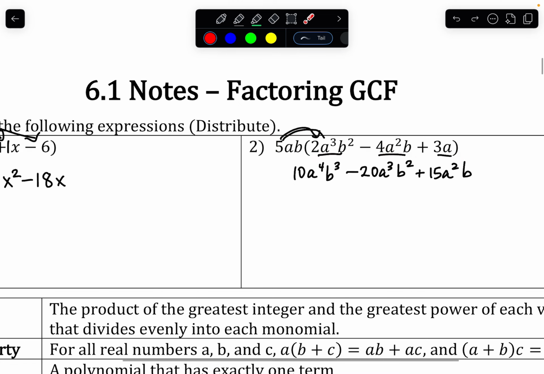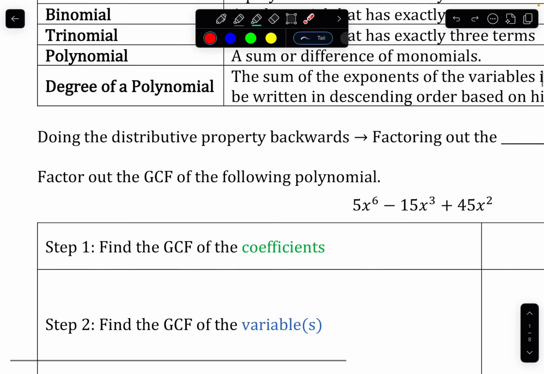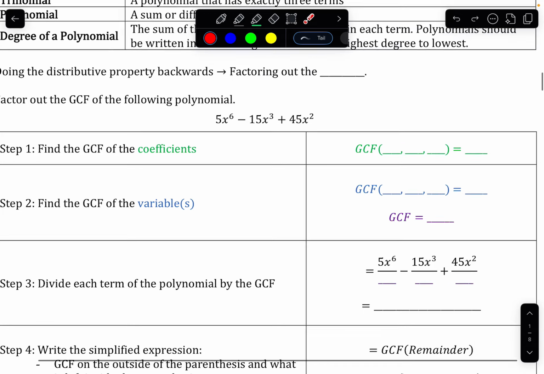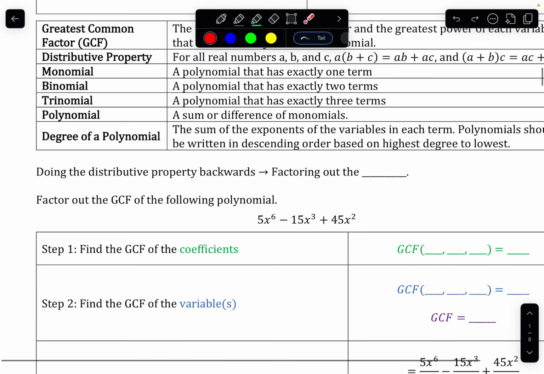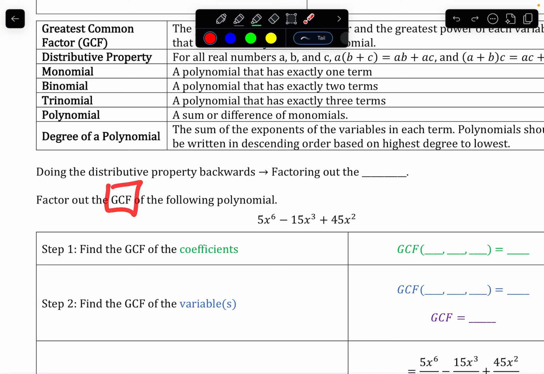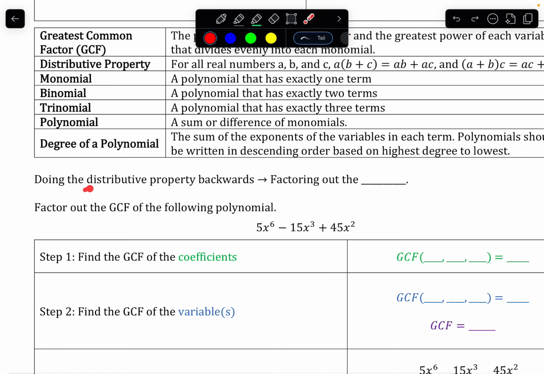So you can think of the word factoring as undistribute. Okay, and so when you are trying to find the GCF, the greatest common factor, that's the term that was distributed to each term. Okay, and so the distributive property backwards is called factoring out the GCF.